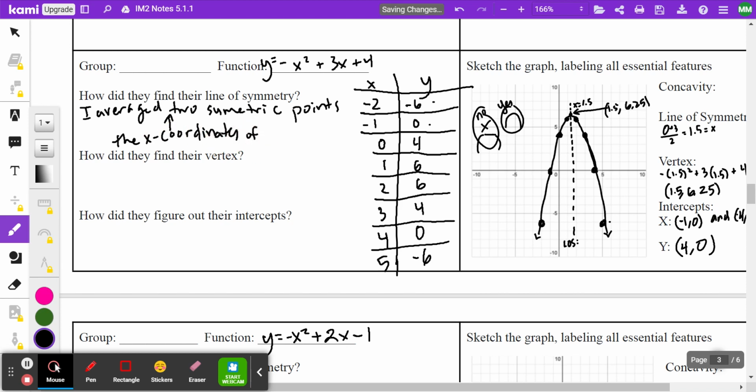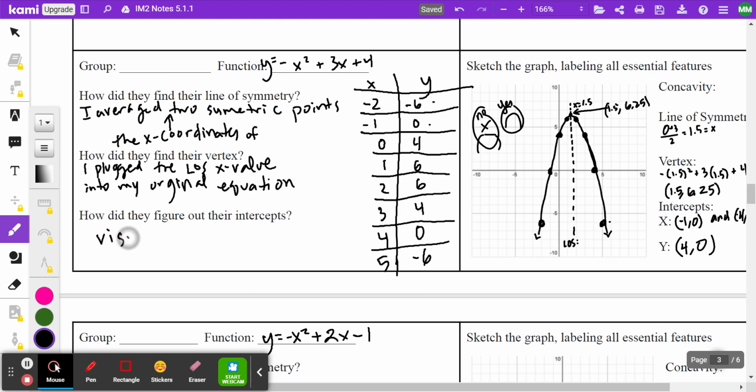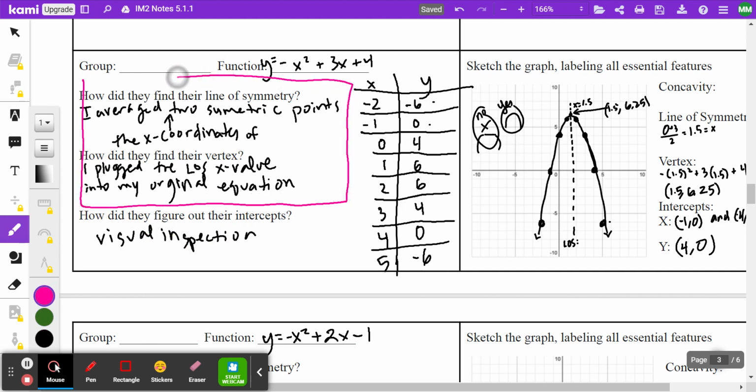And the vertex, I plugged the line of symmetry x value into my original equation. And the intercepts I found by visual inspection. This is probably the most important example we've done so far because of this piece.